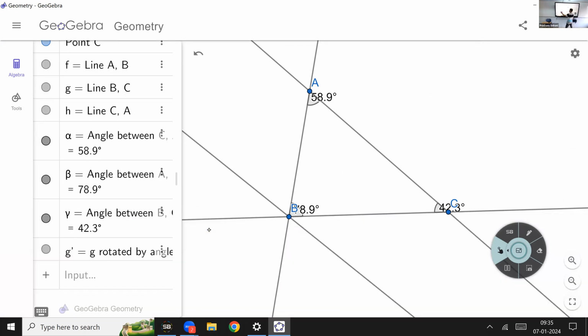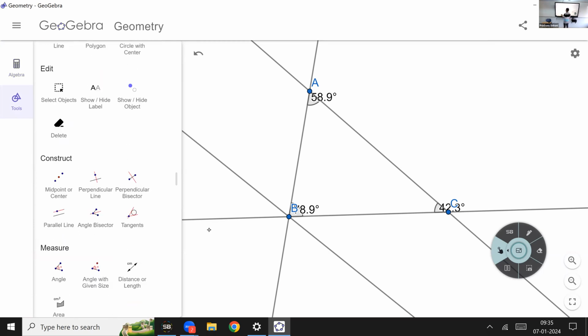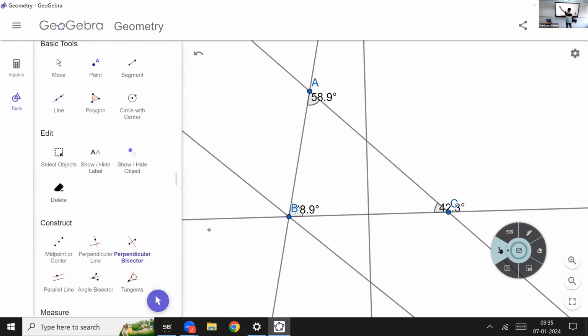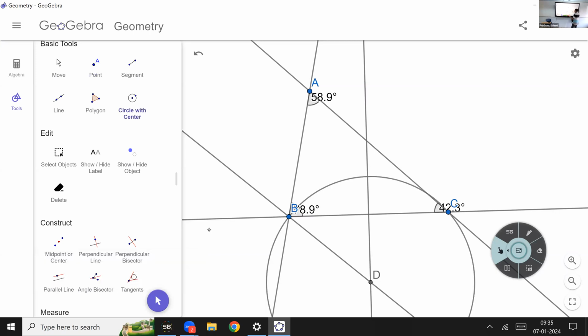So this is the one line. Let me just intersect with the angle bisector, the perpendicular bisector. And similarly on the other side.